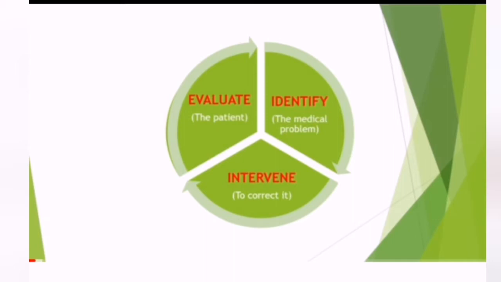After finishing the initial impression, we'll come for the primary assessment. Primary assessment, we have it as A, B, C, D, E. A for airway. What are we looking for in the airway, what problem will happen in the airway?